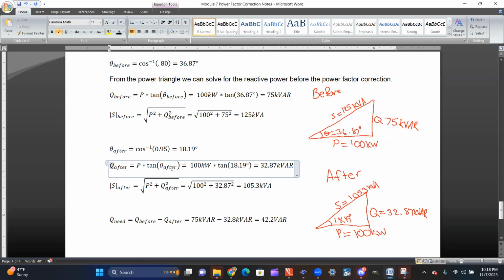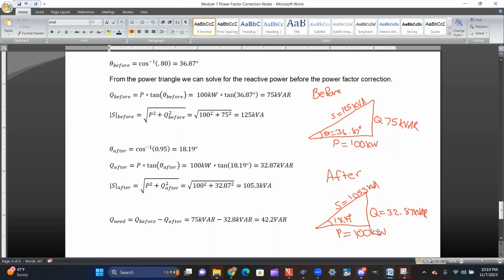What we're saying here is after the power factor has been corrected, there should be no more than 32.87 kilovars in the network. Therefore we can calculate the apparent power, which is 105.3 kilovolt-amps.